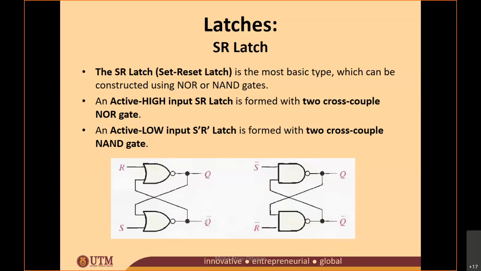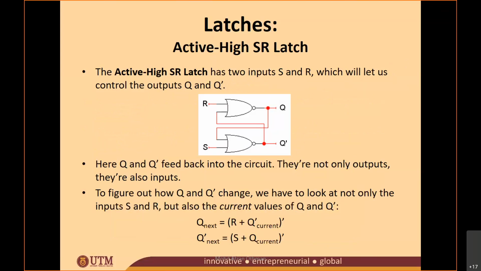So now we are going to see the active high SR latch. The active high SR latch has two inputs S dan R, which will let us control the outputs Q and Q bar. This is the active high SR latch, which we design by using two NOR gates.